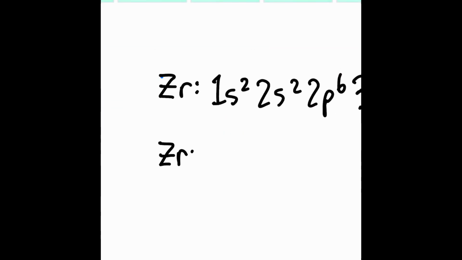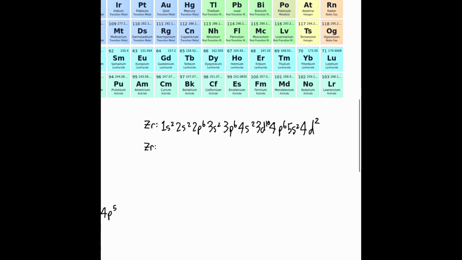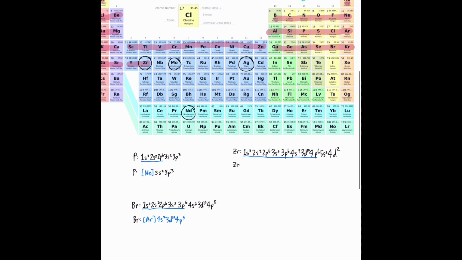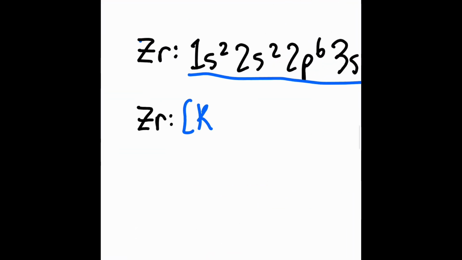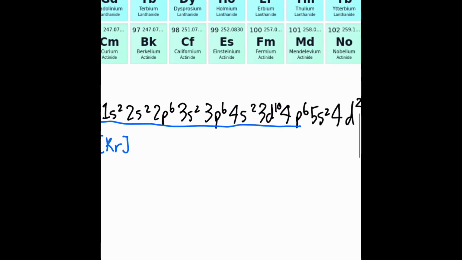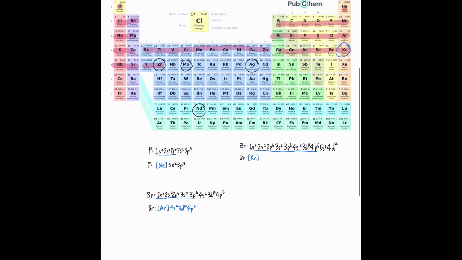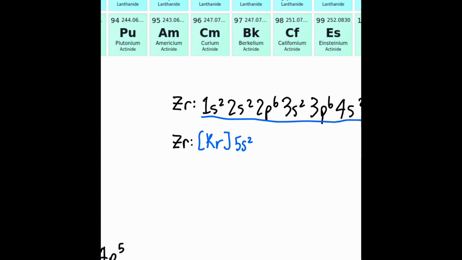All right, and if we were to do that in condensed version, it would get us all the way up through our 4p6, which is going to be our krypton. So bracket krypton, which is technically its electron configuration again, is all that underlined stuff, and then at 5s2, 4d2.